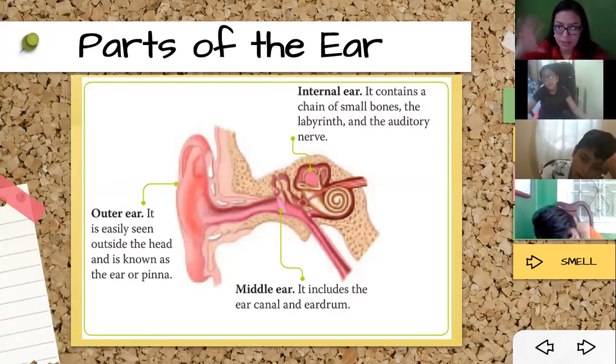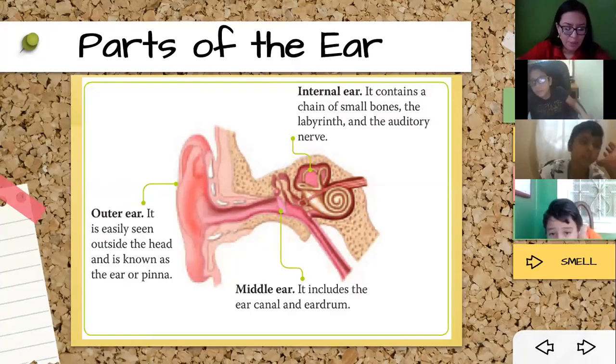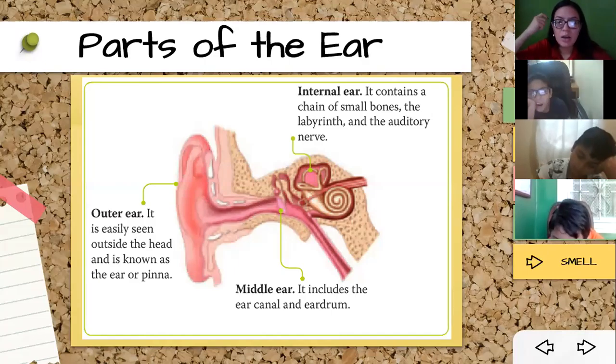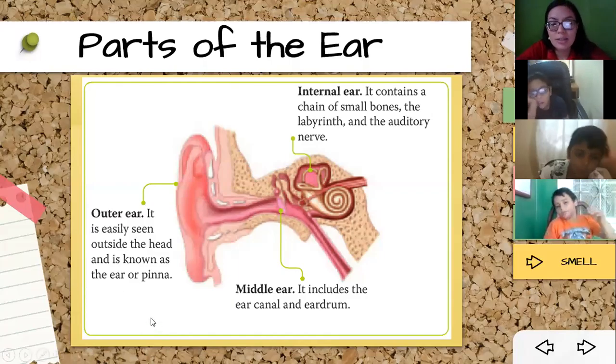These create waves in a fluid located in the cochlea, as you see in the video. The cochlea has a nerve ending that receives the sound, and that message is sent to the brain.